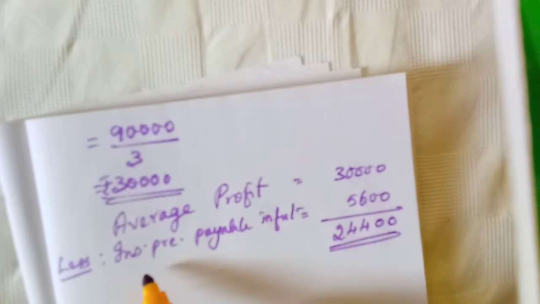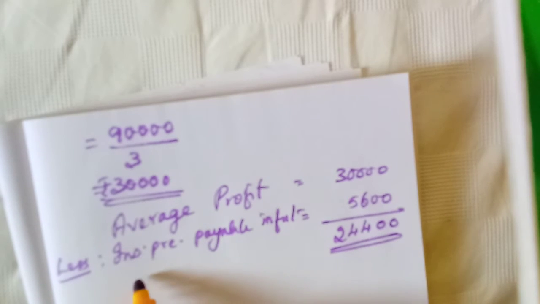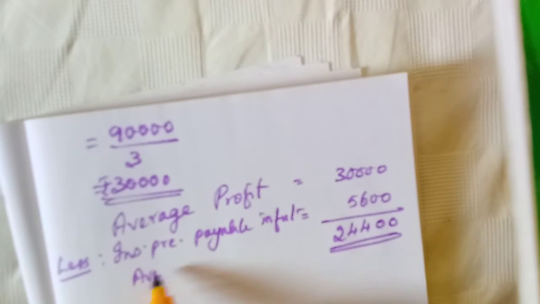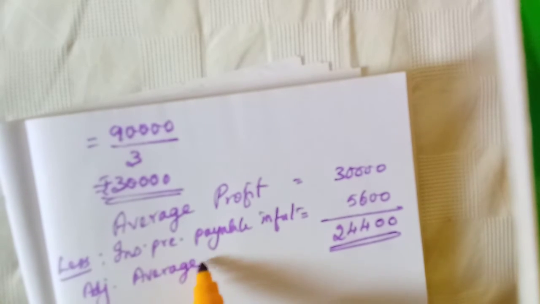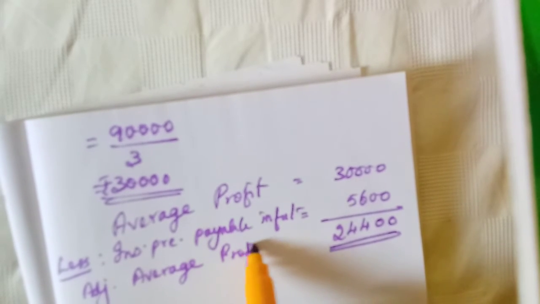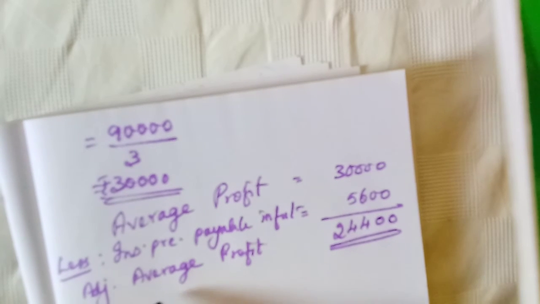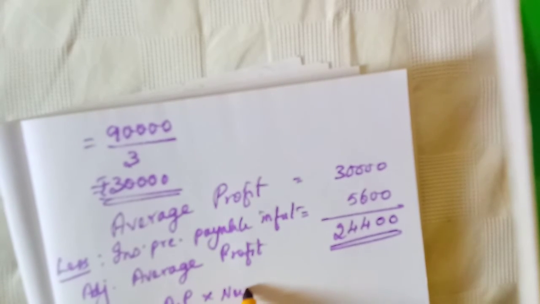24,400 is the adjusted average profit. Okay. So here we need to calculate the goodwill. It is equal to average profit into number of years of purchase.